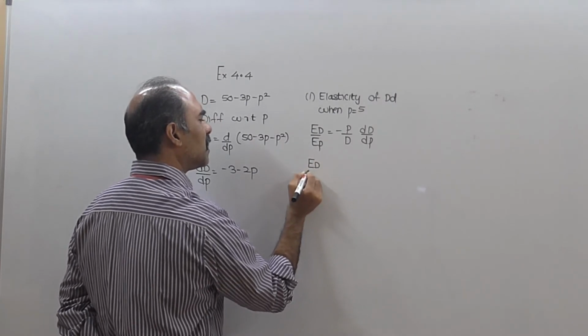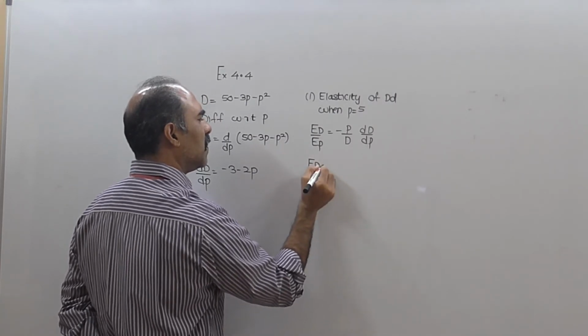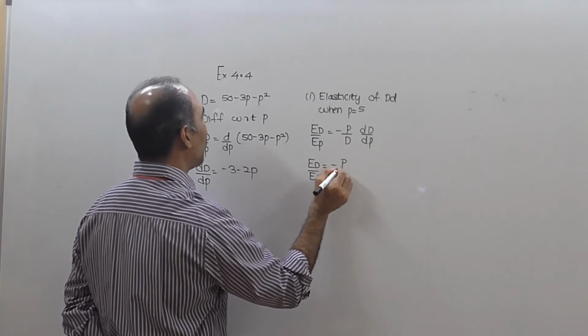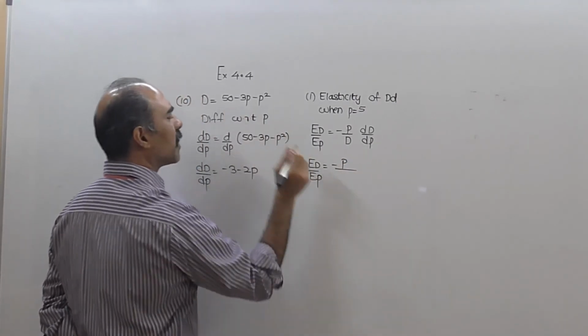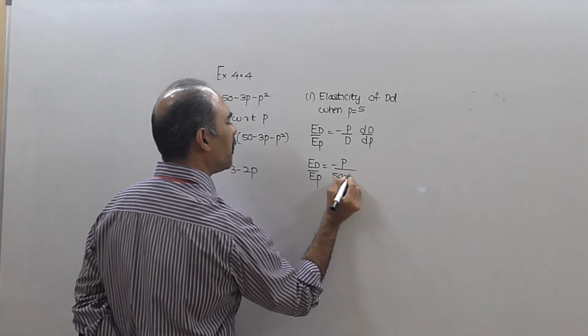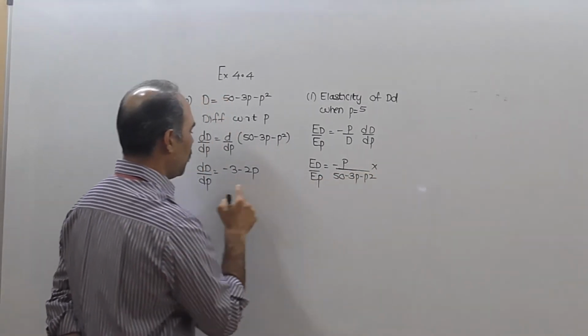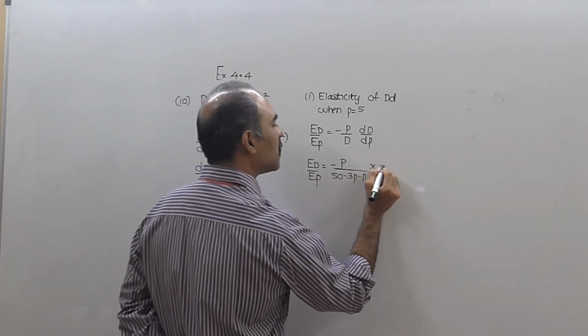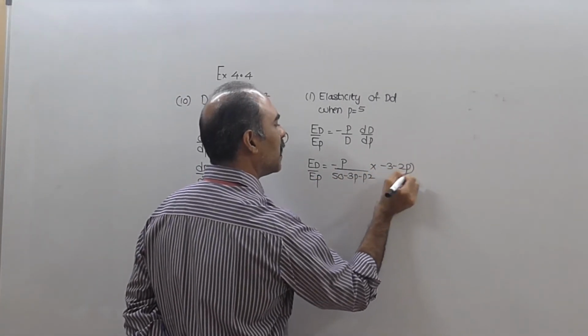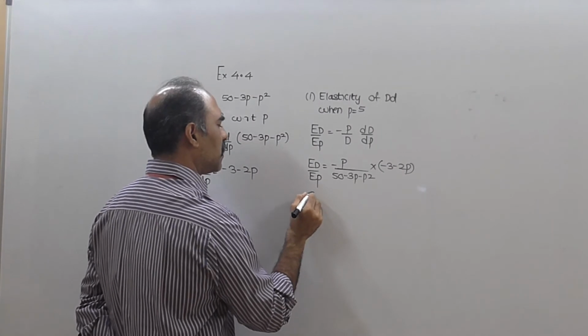So I will have this as ED upon EP equal to minus P. D you can copy it from here, 50 minus 3P minus P square, and dD upon dP is minus 3 minus 2P.